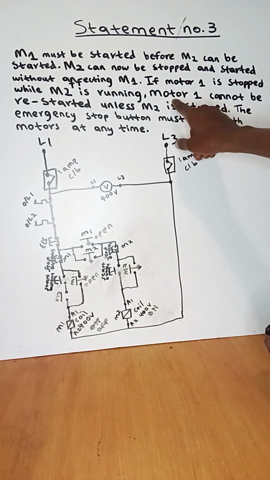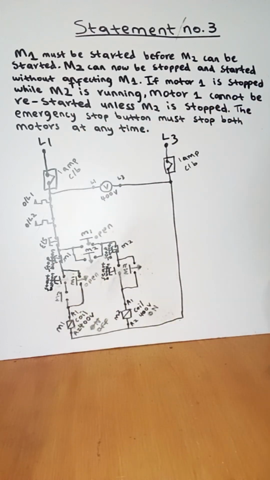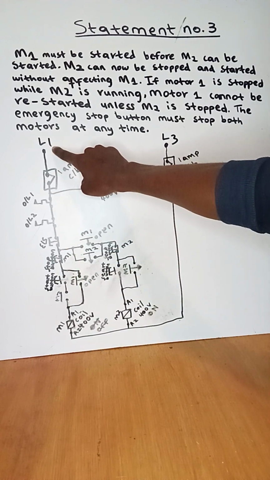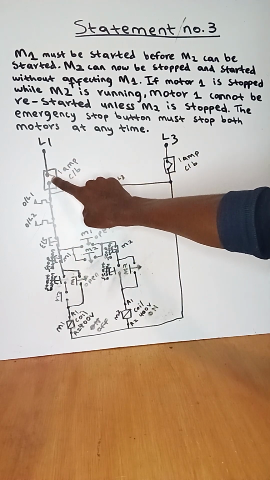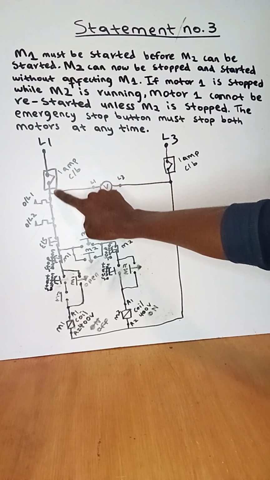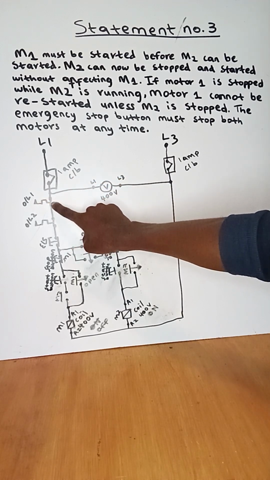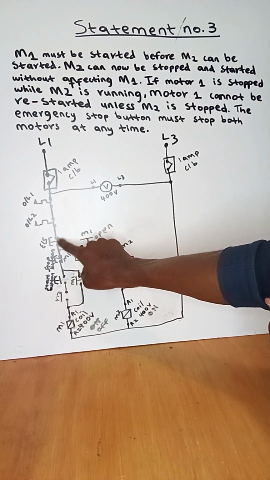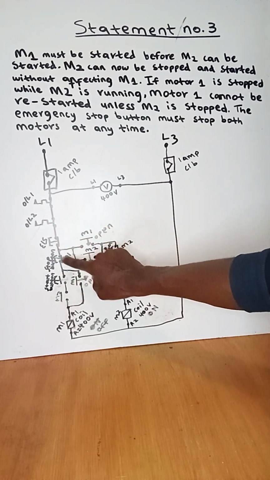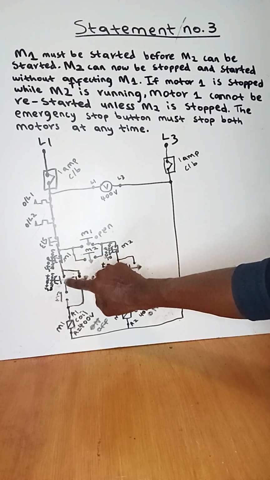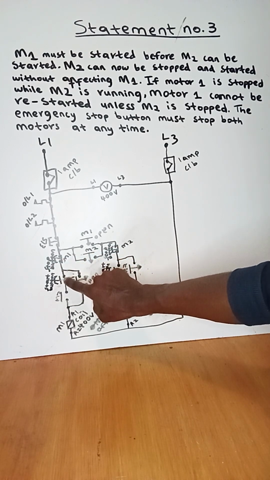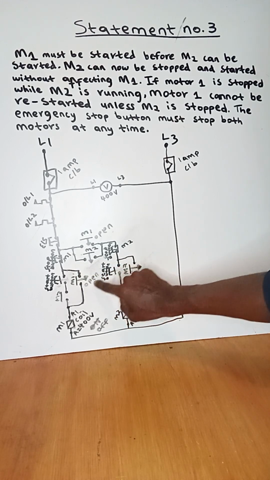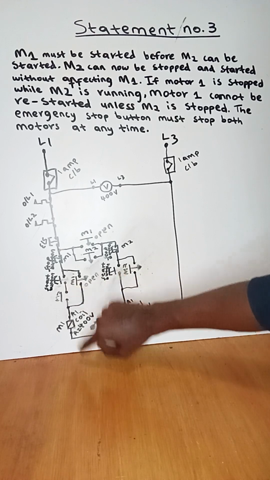At first it said motor 1 cannot be restarted. So when I press the start, current from live 1 will flow down, finds the closed contact from the circuit breaker, flows down, closed contact overload 1 flows down, closed contact overload 2 flows down, closed contact emergency stop flows down, closed contact stop button flows down, and now current is trapped here, and current will also be trapped here because we have the normally open contact of the retainer of motor 1.